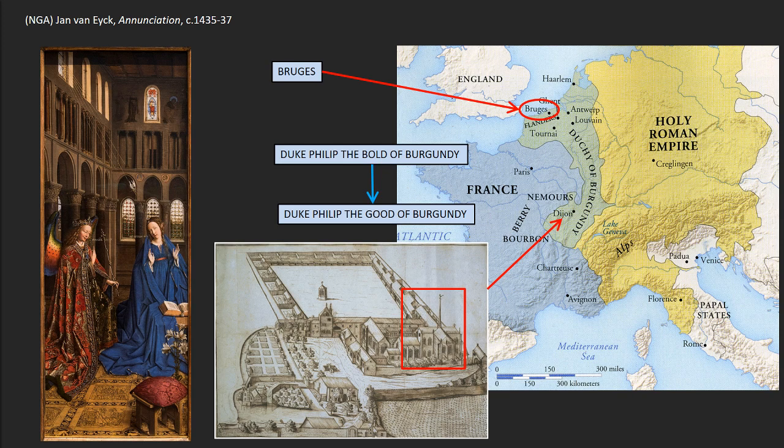Remember, Philip the Good's grandfather had founded this place as a burial site for himself and his heirs. That means Philip the Good's father and grandfather are buried here. Philip the Good commissions works of art to go here. We have an inventory that talks about a triptych by Jan van Eyck. Right, three wings. Central panel with two folding wings on the sides. We saw diptychs before, triptych.